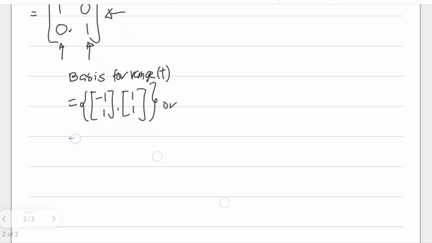Or, if you would like to, you could write it in the form of vectors -1, 1 and then 1, 1 here. This is the basis for the range of our first matrix.